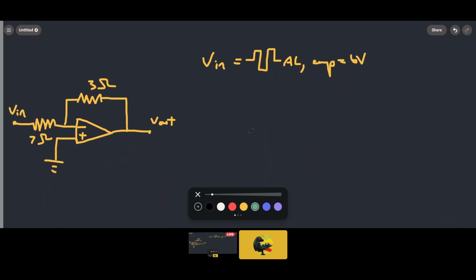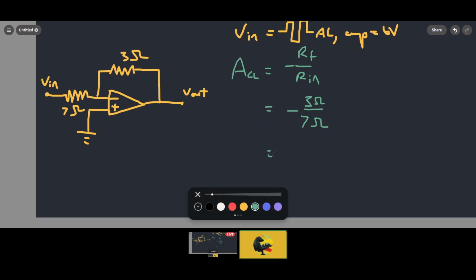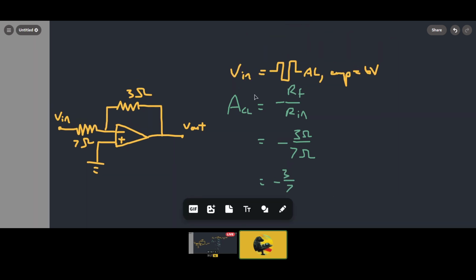So the equation to get closed loop gain would be negative RF over R in, and this would be 3 ohms over 7 ohms. If we plug this into a calculator, I'll just say that the gain is negative 3 over 7.